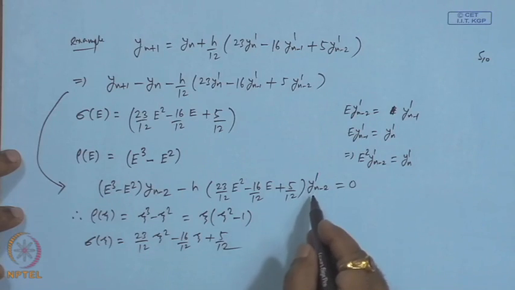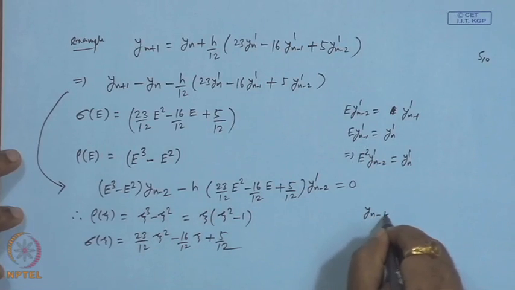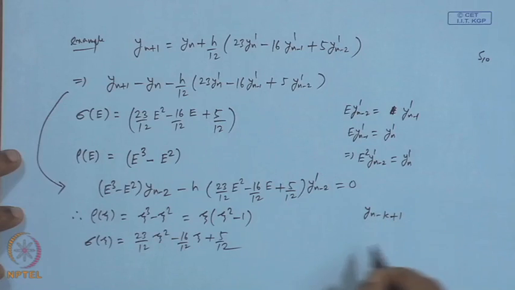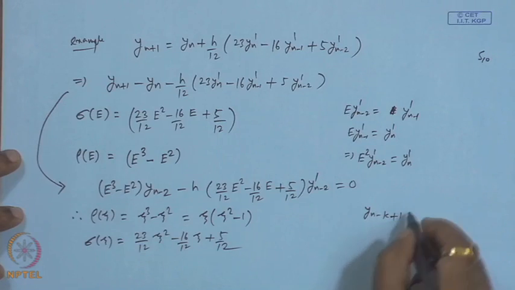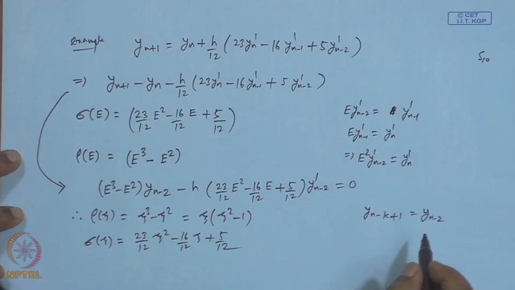Okay. And we expect this to be of the form y_(n-k+1). So, this is y_(n-2).